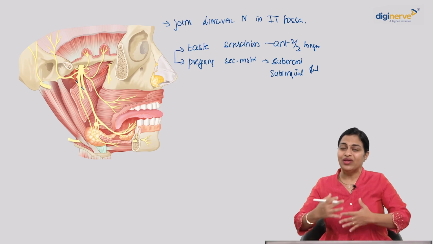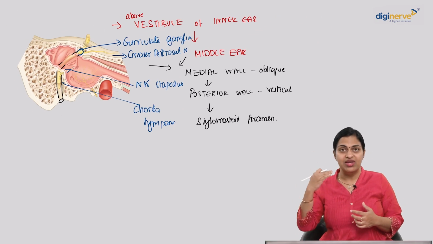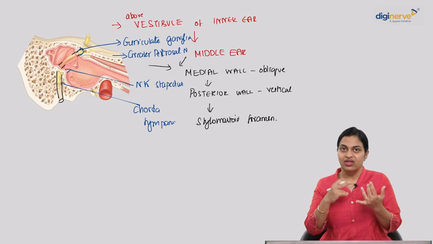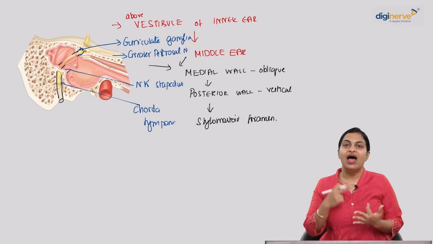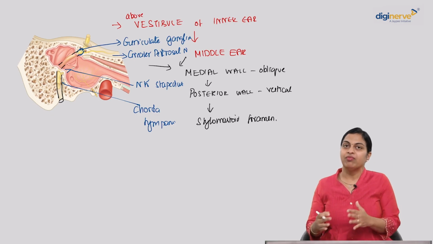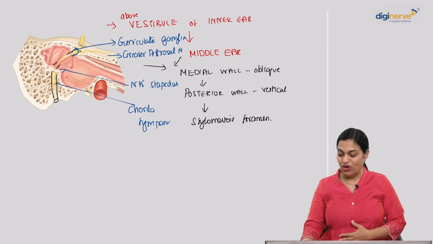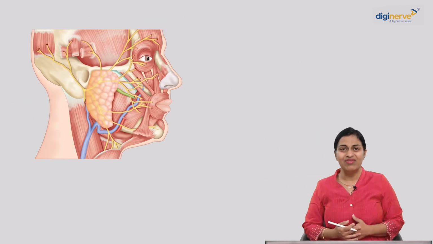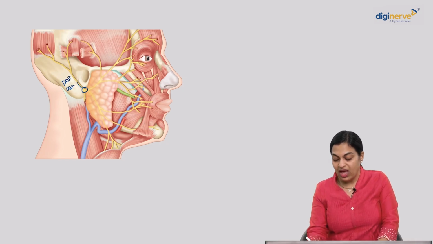Okay, but it's handing over these functions to the lingual nerve. The three branches within the middle ear are the greater petrosal nerve, nerve to stapedius, and chorda tympani. Please remember its relation to the inner ear and the medial wall and posterior wall of the middle ear. And then we have seen, right, it exits through the stylomastoid foramen, gives the posterior auricular branch, and here it will give the nerve to stylohyoid and posterior belly.